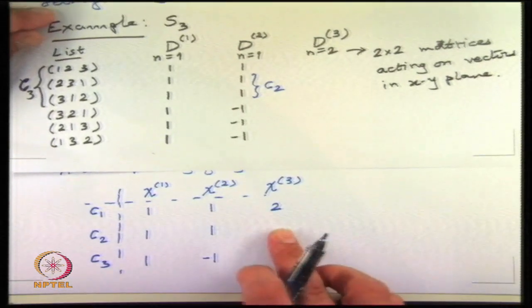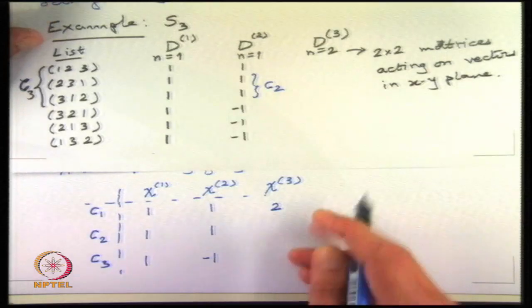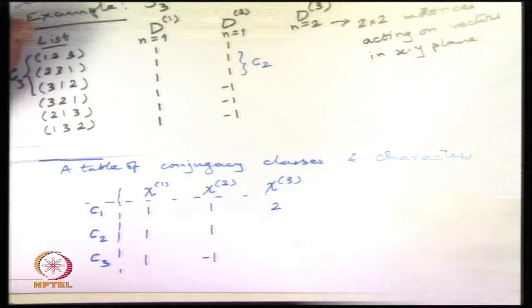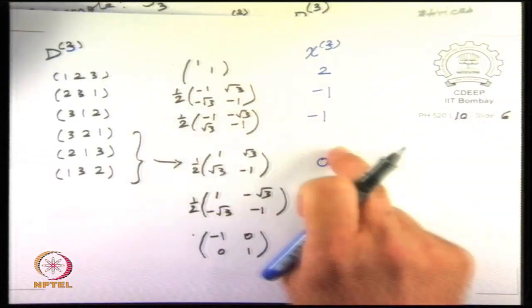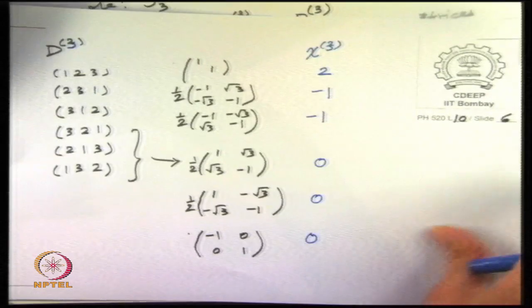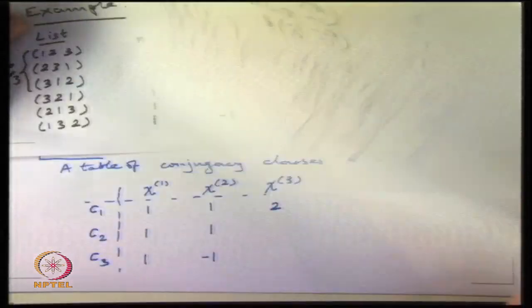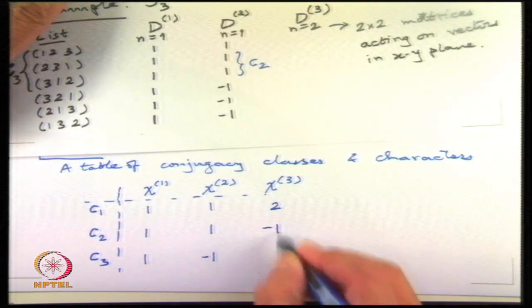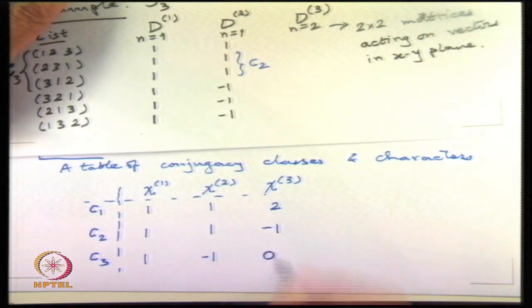And finally we can write out these happen to have 2, and then because the diagonal elements were cosines of 120 degrees, adding them we got -1. So this is -1 and the character of these is 0.